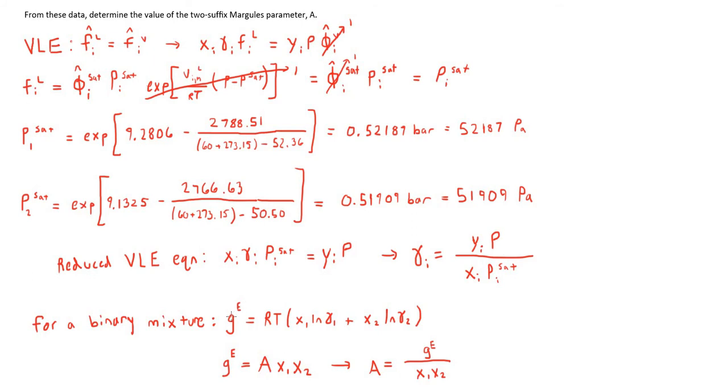From there, we're going to plug the excess Gibbs energy into the equation to solve for A, and we're going to calculate a value of A for each data point, and average the A's calculated for the effective two-suffix Margules parameter. The quickest way to do this would be through Excel, so I'm now going to import the equilibrium data that we're given into a spreadsheet and go through the calculations to find our final answer for A.